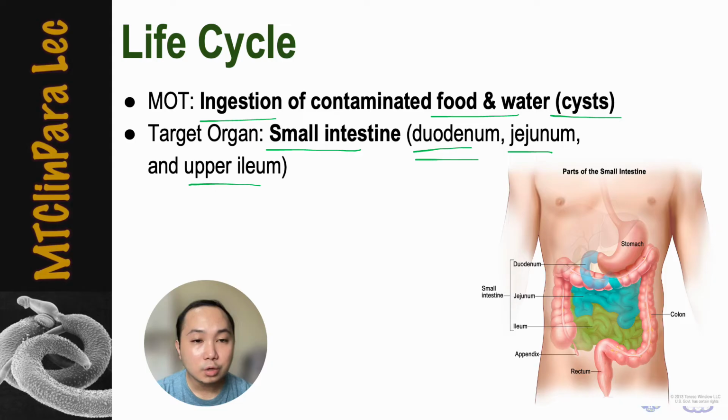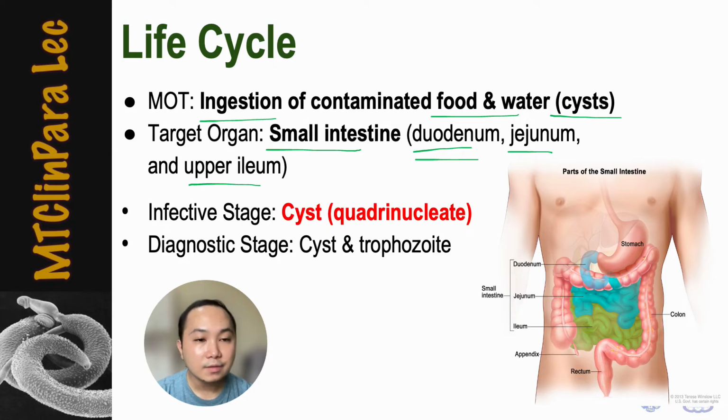Especially in the duodenum, this is the part where the excystation happens. Again, when we say excystation, this is the process of binary fission of your nuclei inside your cyst. So binary fission occurs, where according to certain references, one single cyst can create 8 trophozoites. And these trophozoites will eventually invade the small intestine, either of these layers, and cause pathology, which later on we'll be discussing.